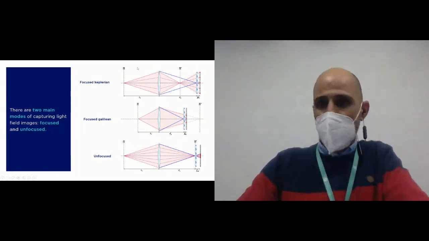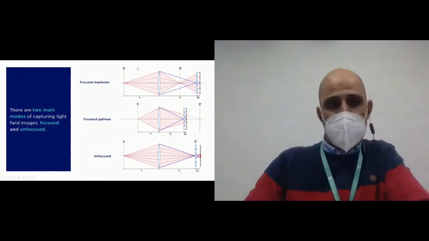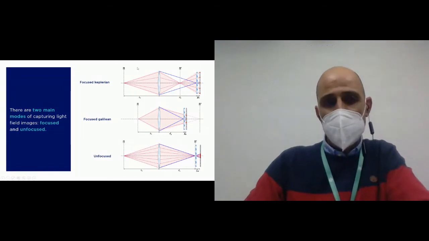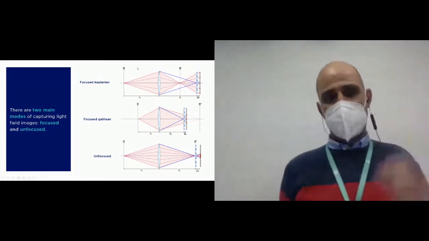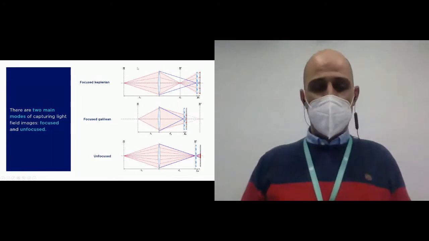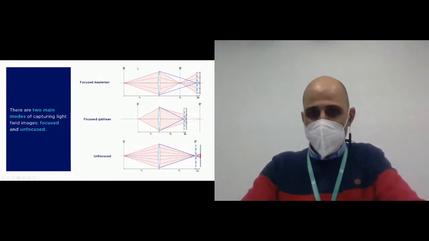Otherwise, we will have a bigger field of view, and then the images will overlap, or we could have a smaller field of view, and then we lose resolution and parts of the sample. So this is the correct way.